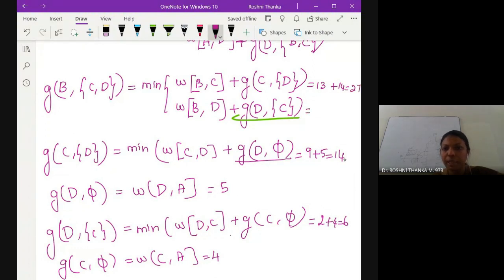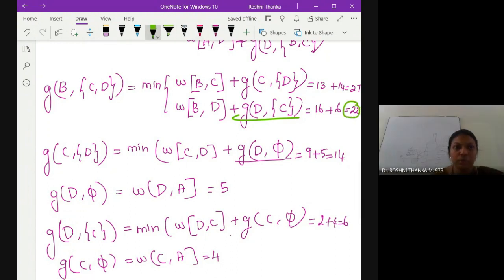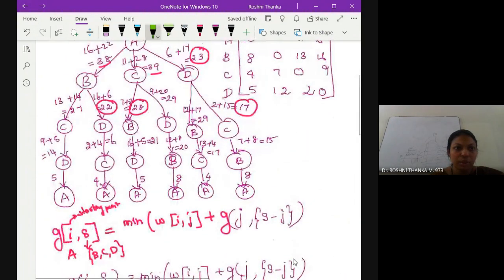For this, what is B comma D? It is 16, right? 16 plus D comma C, which we found is 6, so it is 22. From this you can understand which is the minimum value: 22. You can see it here also. From these two paths, we found this is the minimum path.